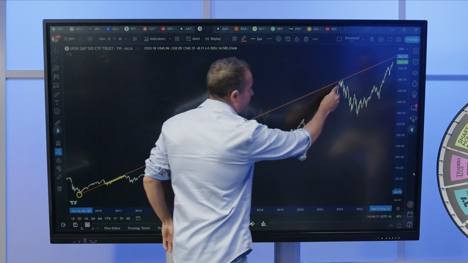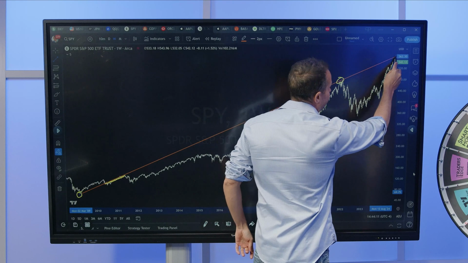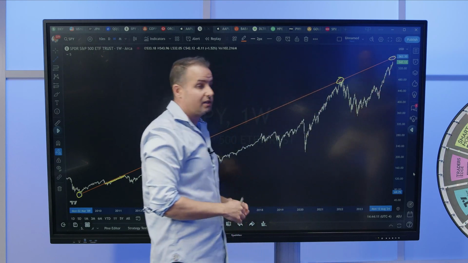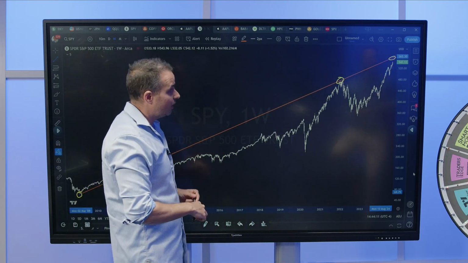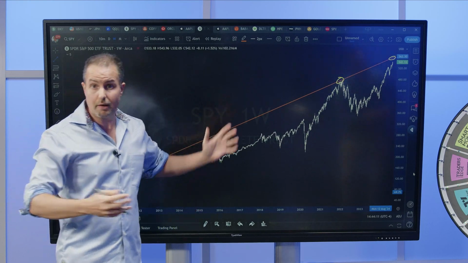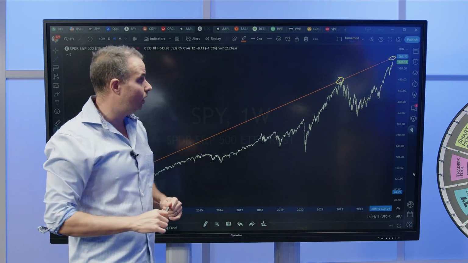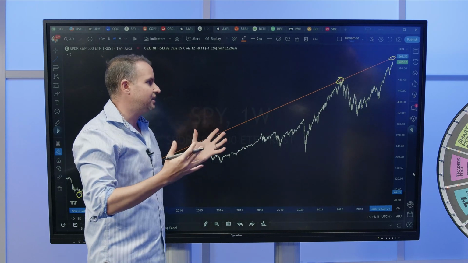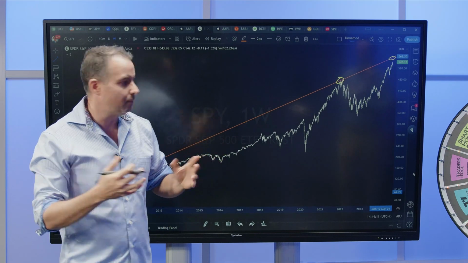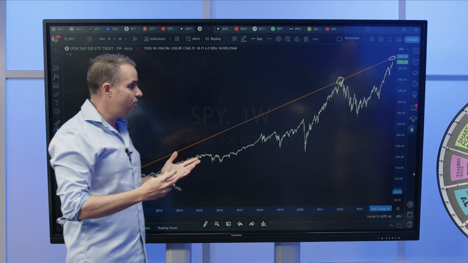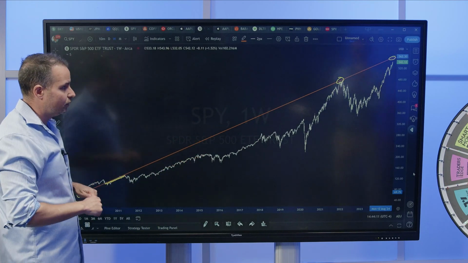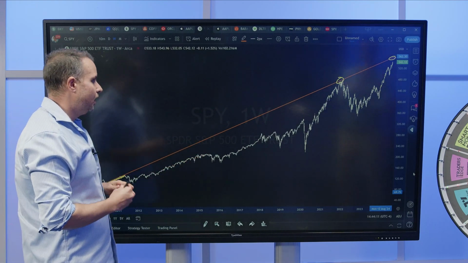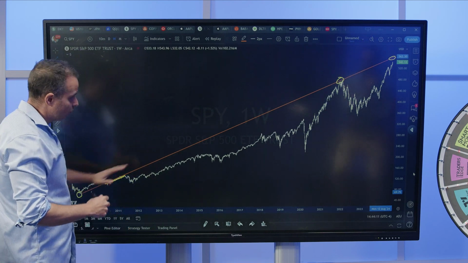Then it connects right through this high in 2021, and it comes right up to that 560-ish range that you were potentially talking about. So that might be a level where the S&P wants to go. At this rate, that's what, 4% more, 3%? It's not a huge move anymore, $20 on a $560 or $540 ETF. But nonetheless, an interesting little trend line there.